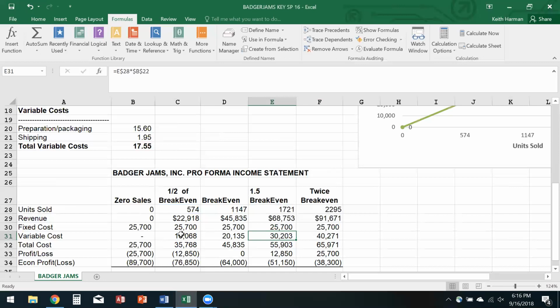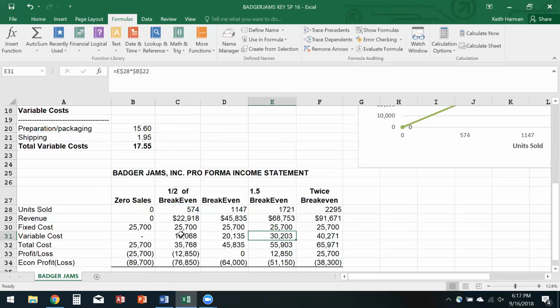Because, as I said, for each unit you sell, the variable cost goes up, because that's the cost that follows or mirrors sales. Sales generate certain kinds of activities like preparation and packaging, shipping. If you don't ship any of the stuff, you don't have any variable costs.